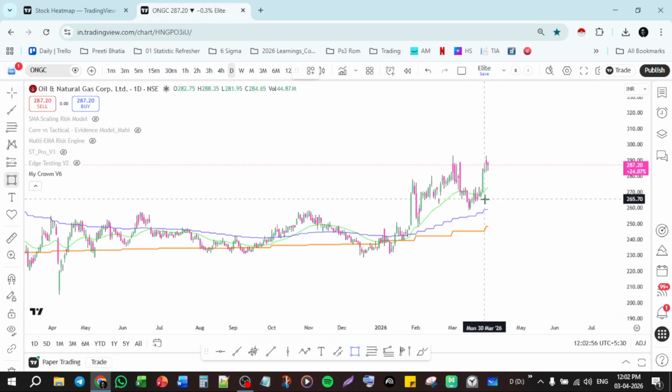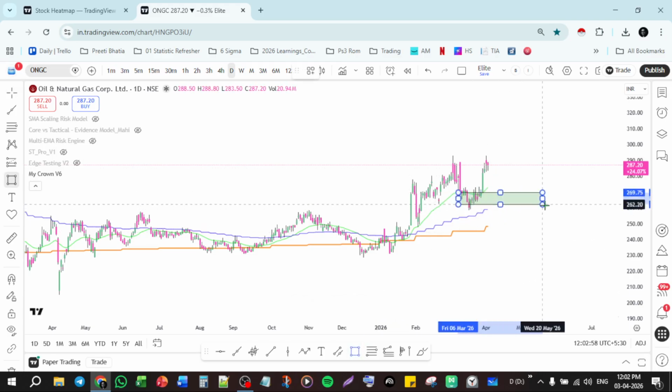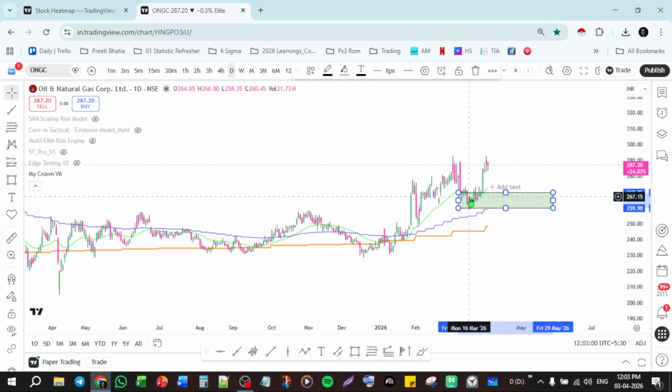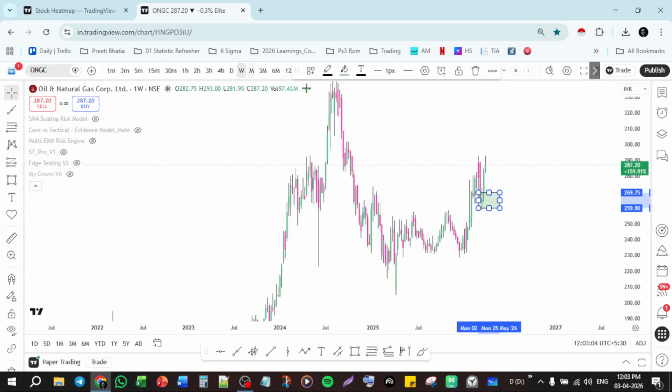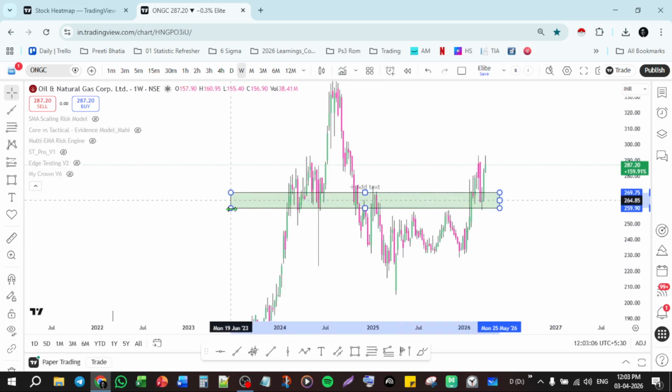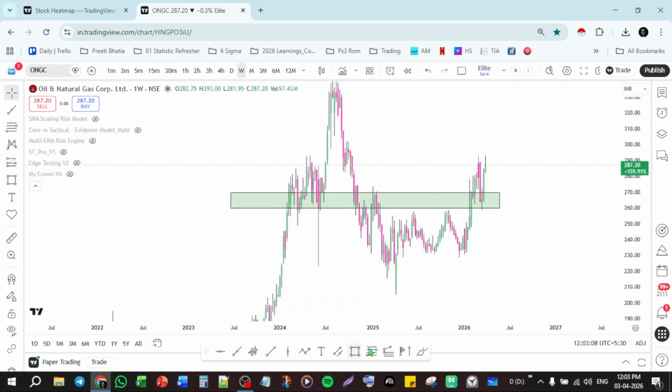This will be a nice entry point because buyers have taken the market up. Okay, I want to see this is a buyer zone. Yes, confirmation is there. This area was a resistance, it's becoming support, guys.